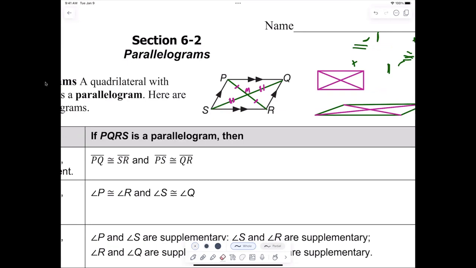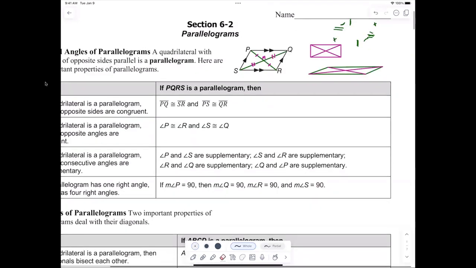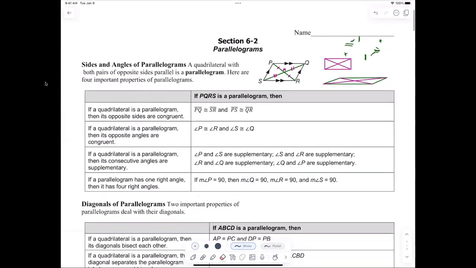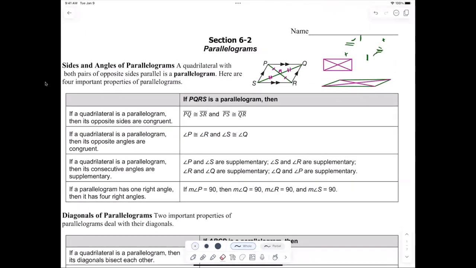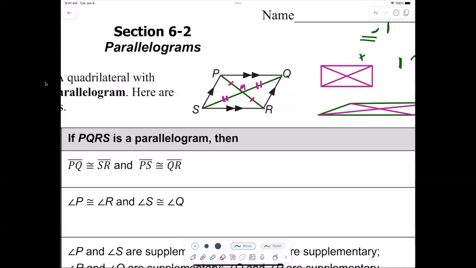All right, so now, after reviewing all of those rules, I have one more rule. When you draw the diagonal, you are going to separate the parallelogram into two congruent triangles, which I thought was kind of obvious, because the opposite sides are congruent and SQ is congruent to SQ.